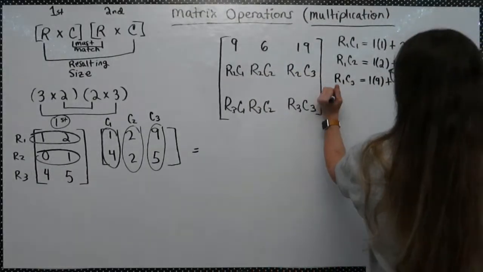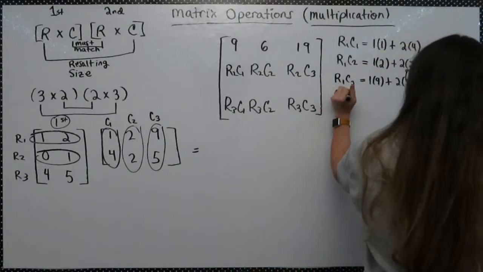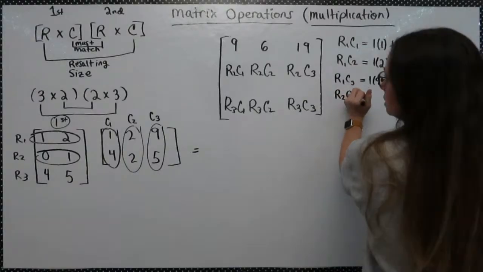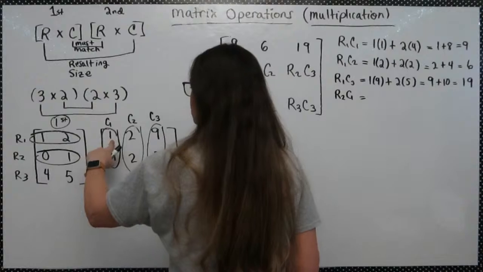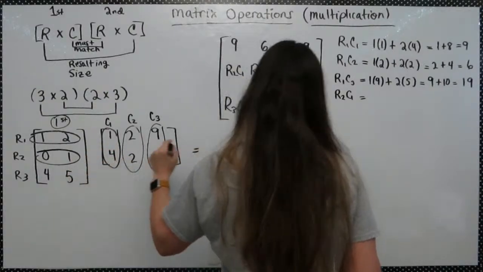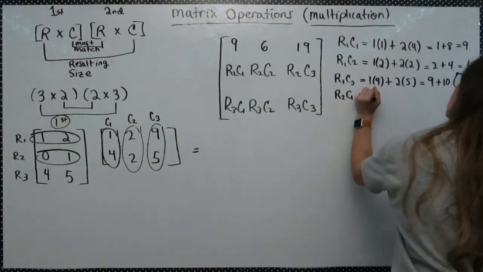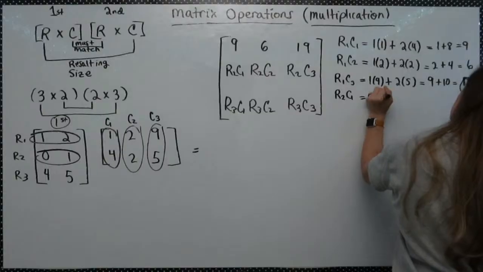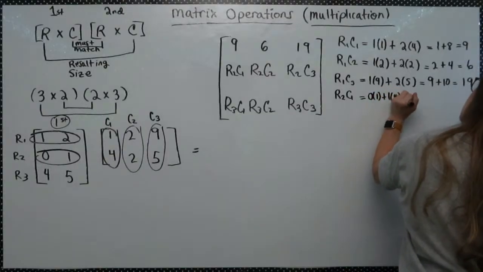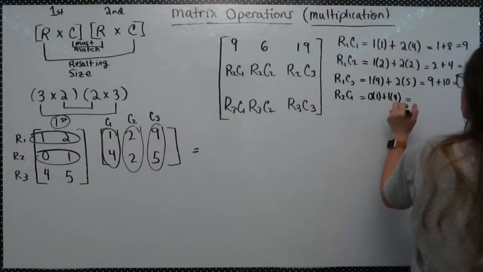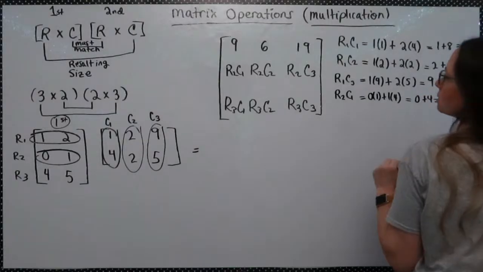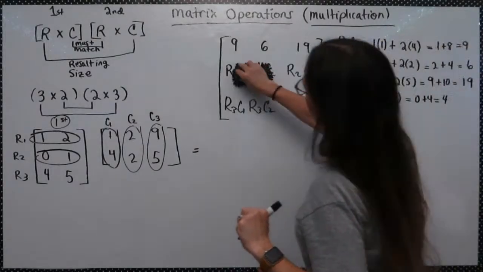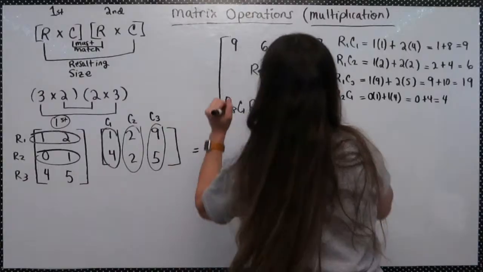So we're going to go to row 2, column 1, and we're going to say 0 times 1 plus 1 times 4. And that's 0 plus 4, which is 4. And that's right here. That's going to be 4.